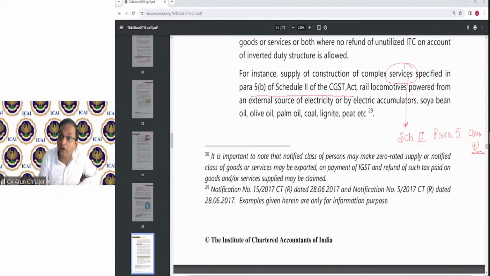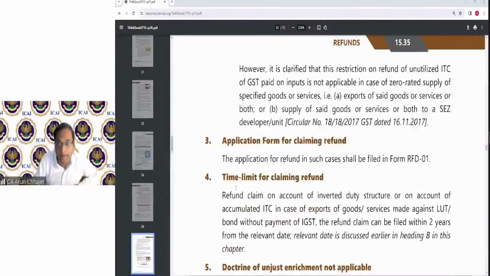If you are doing the output supply of that nature, you can't take the refund of input. Second, for goods they are saying rail locomotive products, soybean oil, olive oil, palm oil, coal, etc. They are also covered in the inverted duty structure, so you can't take the refund. However, it is clarified that this restriction on the refund of unutilized ITC on GST paid on input is only for the inverted duty structure.